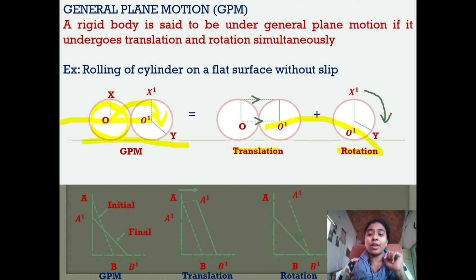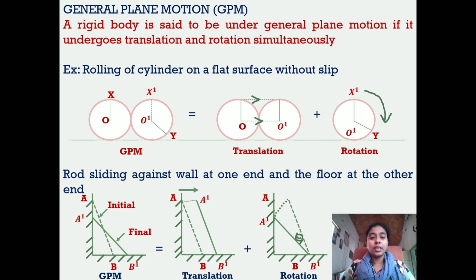We will see one more example. The next example is a rod sliding against a wall at one end and the floor at the other end. Now you can see this is the wall and this is the floor. Initially the rod, you can consider it as a ladder also, is placed in the position AB.